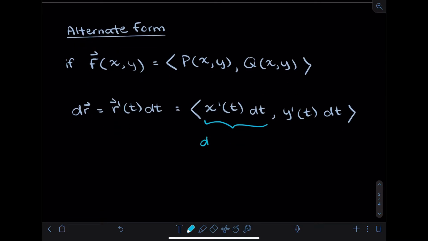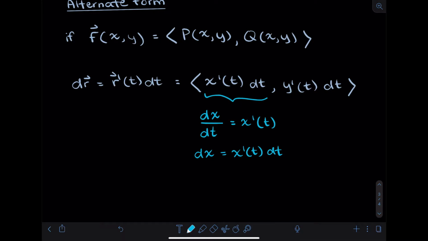Well, if you remember, we were looking at this a lot in the previous videos and earlier in this video. dx/dt, we know, is just x prime of t. And let's just rearrange that. dx is x prime of t dt. And look, that's exactly what we have here. So x prime of t dt just ends up being dx. And again, we can just repeat that with the y part. This ends up just being dy.